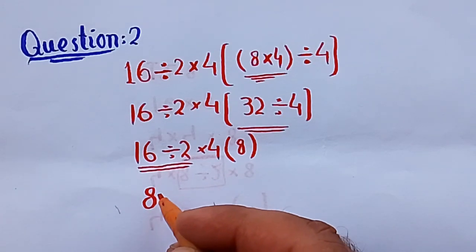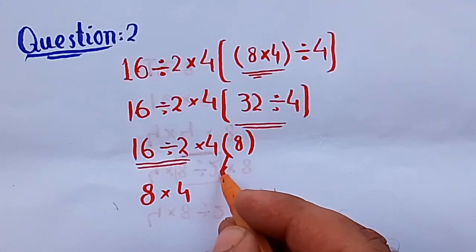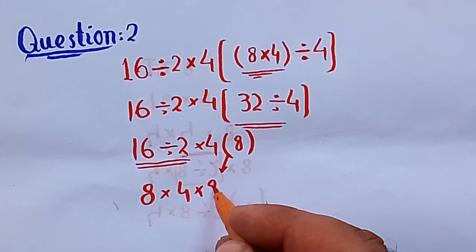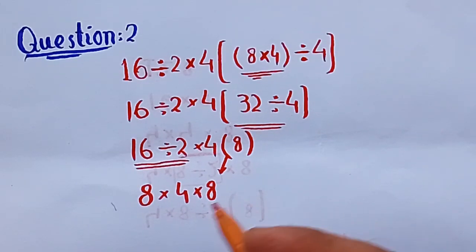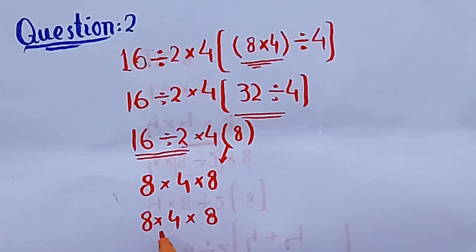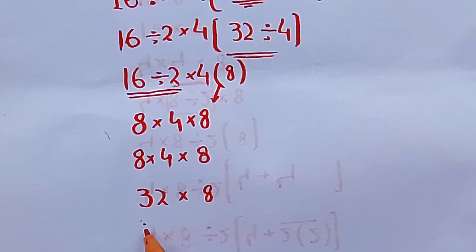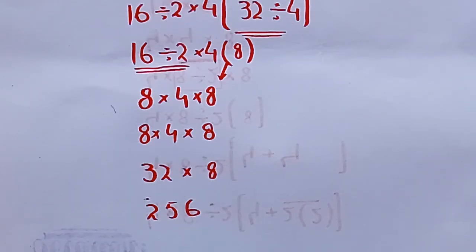So here we write 8 and multiply with 4. So 8 times 4 is 32, and here we write multiply 8. If we multiply 32 with 8, our answer will be 256. So that's how we use the BODMAS rule when different operations are involved in one step.